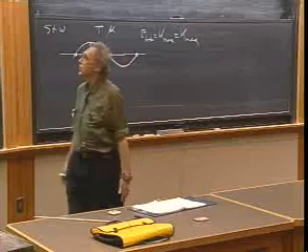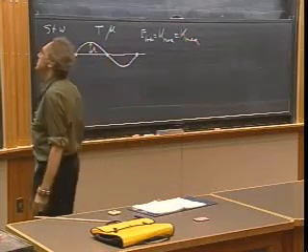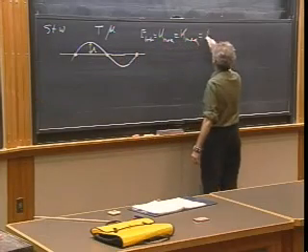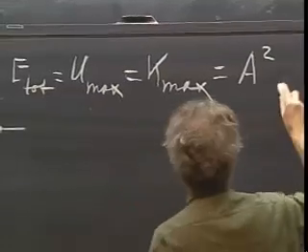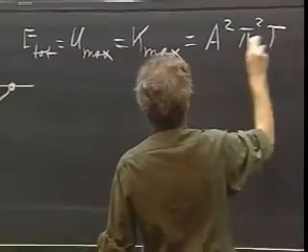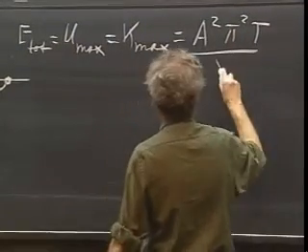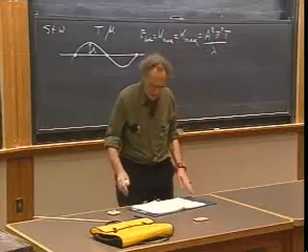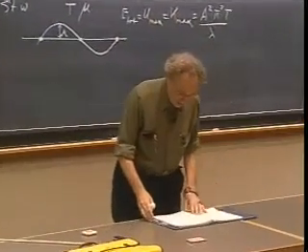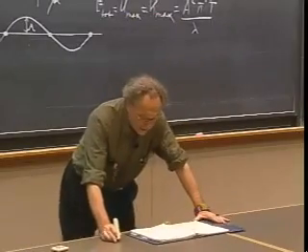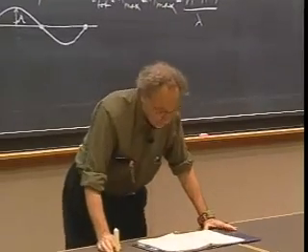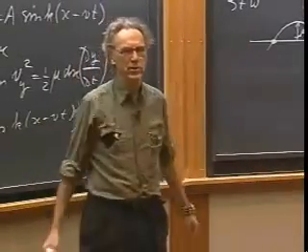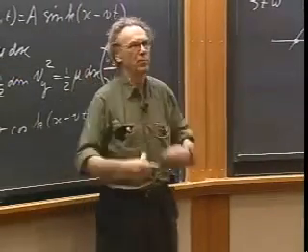And so we already know what U is. So all we have to say now is that that is the same as A squared times pi squared times T divided by lambda. And so you see a traveling wave with the same amplitude as a standing wave. A traveling wave has twice as much energy per wavelength. And as far as power is concerned, well, you have two waves going through each other, and so you have a reflection from the other side.